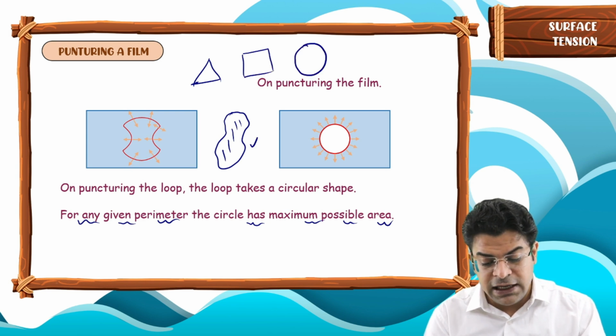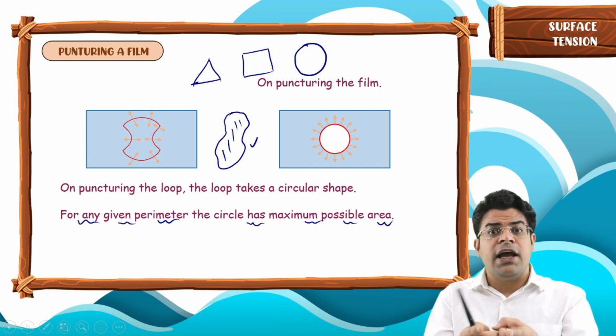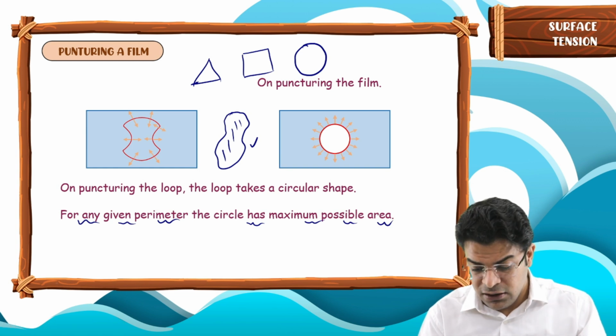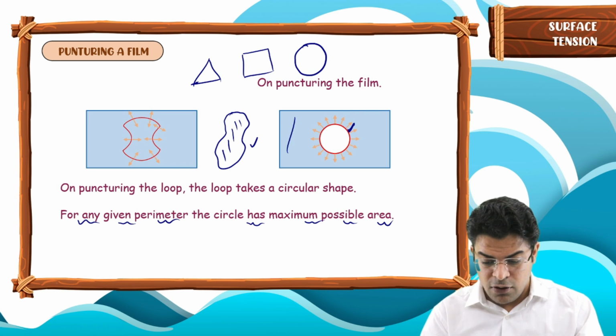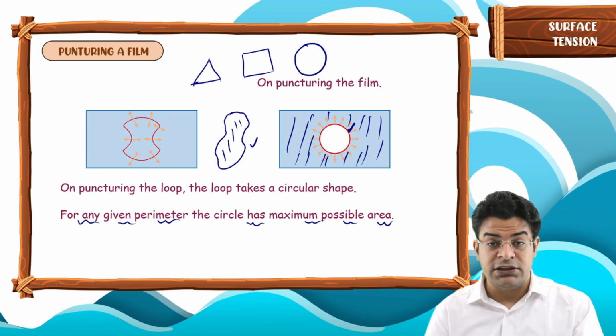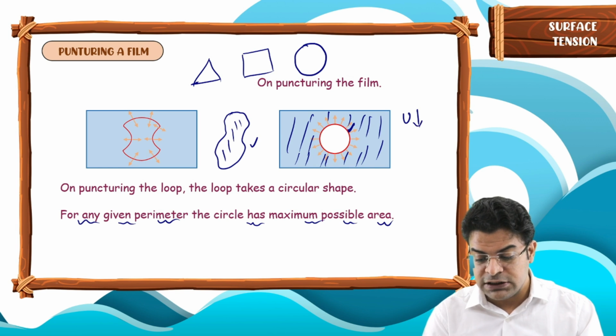For any given perimeter, a circle has maximum area. So when the loop takes up a circular shape, the area of the remaining film is minimum. When the area of the remaining film is minimum, as the loop's area is maximum, the potential energy of the system becomes minimum.